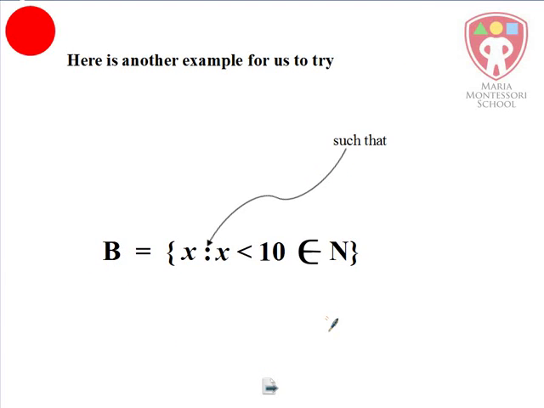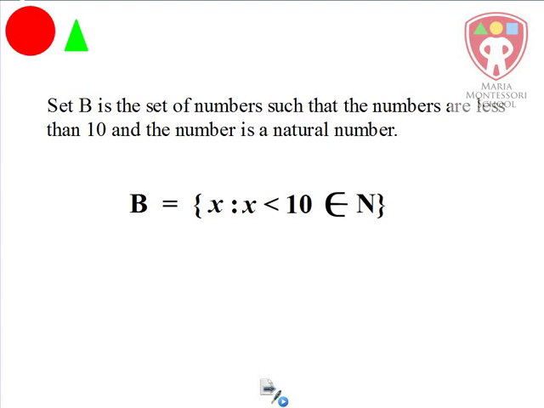Here's another example for us to try. Pause the video and write down in words what this set builder notation is telling us. It tells us set B is the set of numbers x such that x, the numbers, are less than 10 and the numbers are natural numbers.